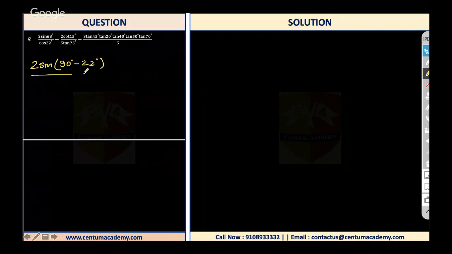The question is 2 sine 68 and cos 22. The question itself is inviting you to use complementary angles, isn't it? So you can say 2 sine 68 degrees can be written as sine of 90 degrees minus 22 degrees, divided by cos 22 degrees. So you know what it is going to be.